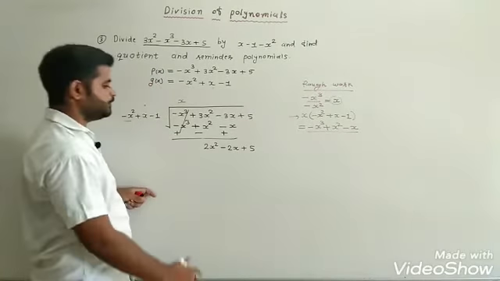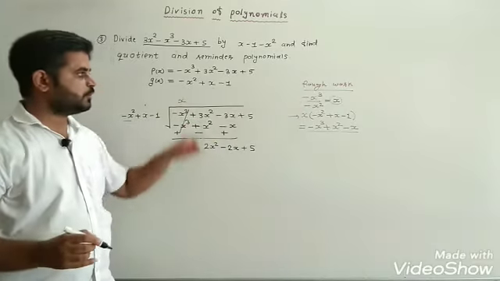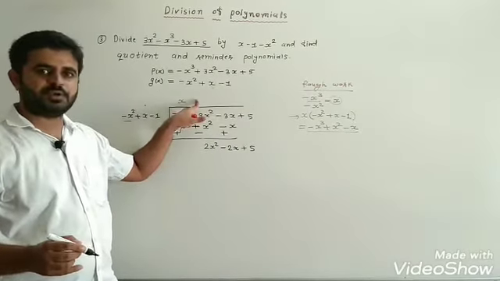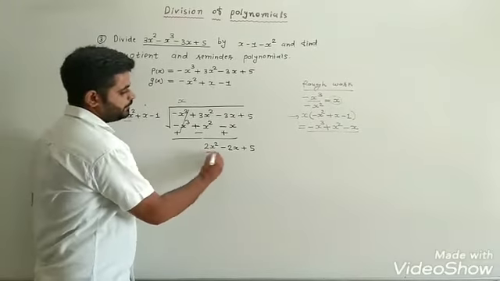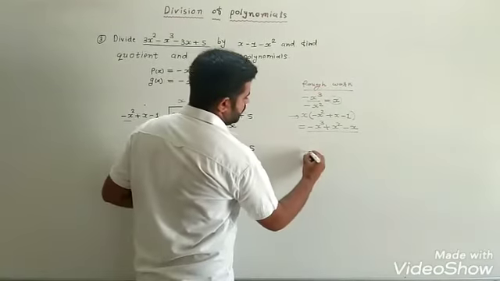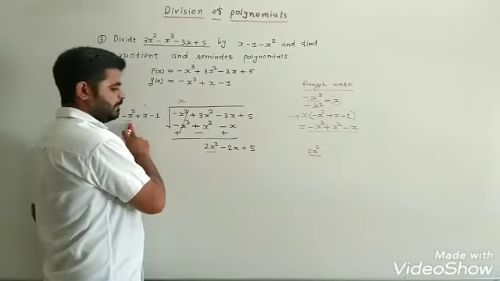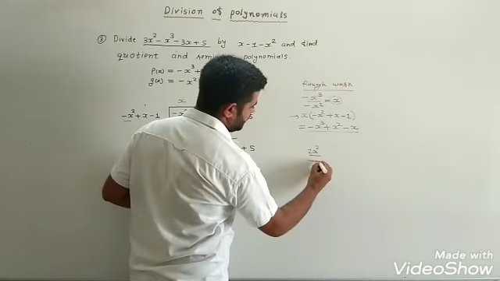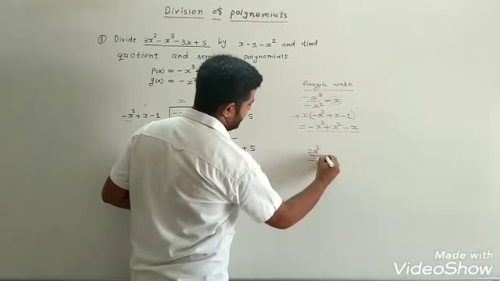Now we have to repeat this same process again to find what value we have to put here. So here is 2x square and here is minus x square. 2x square upon minus x square: this x square cancels and the minus sign applies with 2.